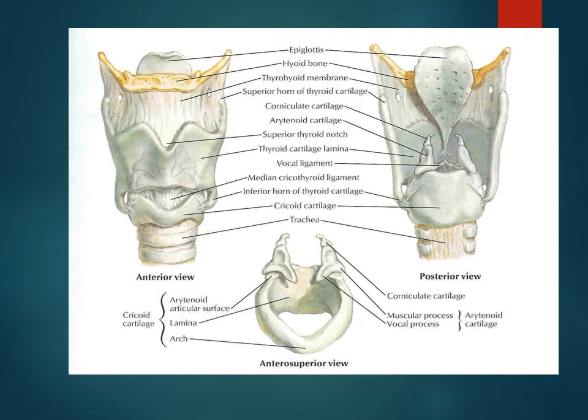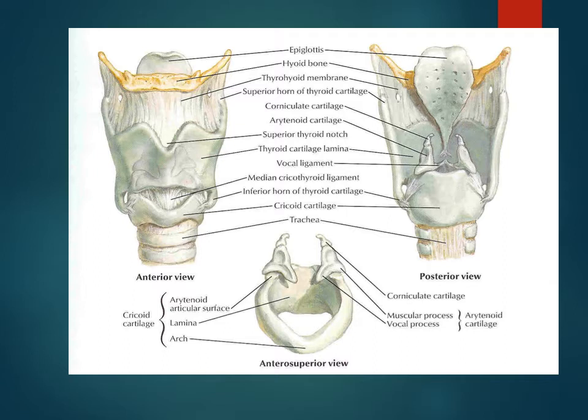The cricoid cartilage is a signet shape, which is formed of an arch and a lamina, with this articulating surface with the arytenoid cartilage, and this the other side, and this is the corniculate cartilage.